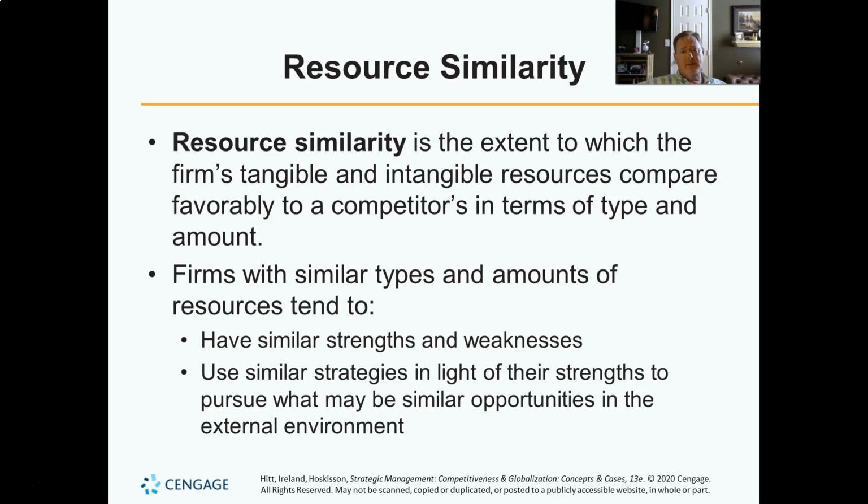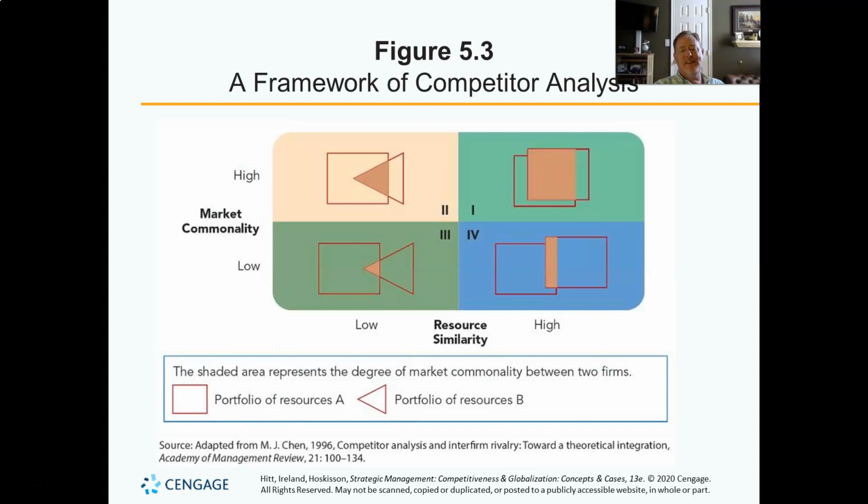And honestly, when you look at Porter's 5 forces of competition, by far the most important force of competition is the competitive rivalry, because everybody wants to win that simulation. Okay. If we look at a framework of competitor analysis, we've got 4 quadrants here: market commonality and resource similarity being our X and Y axes.